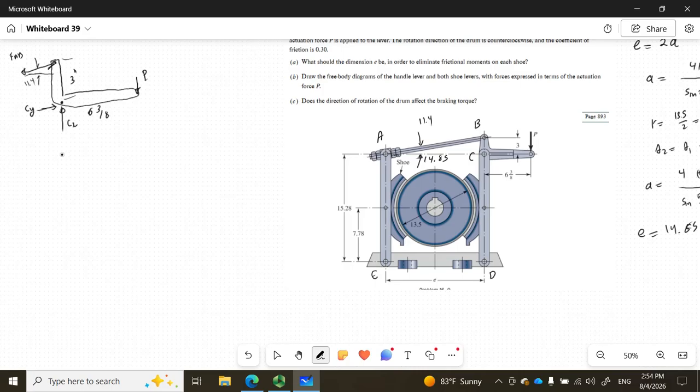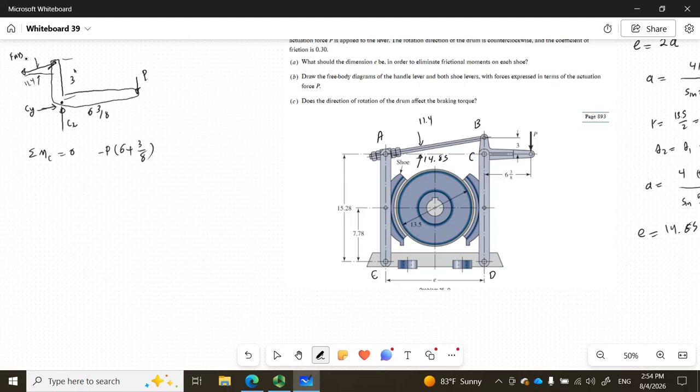First, let's take moment about C. Summation of moment about C must be 0. This P is doing clockwise, so negative P times 6 plus 3/8.